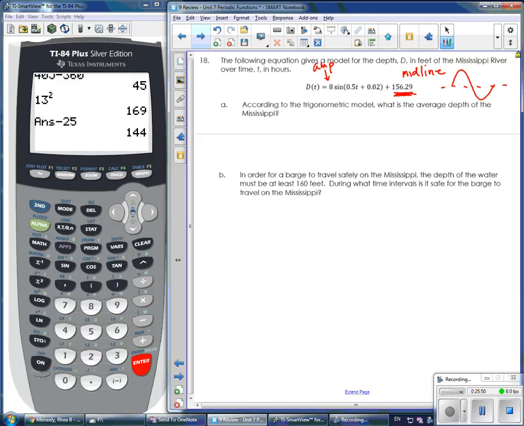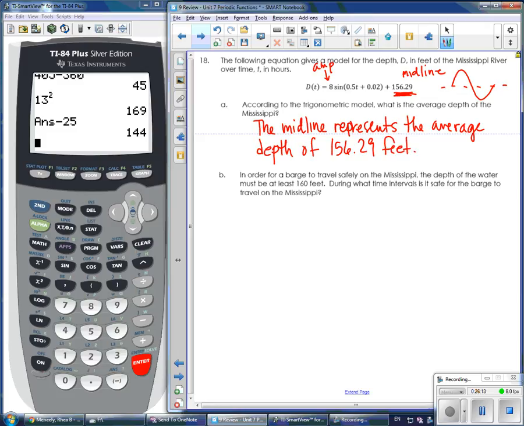So just remember that the midline represents the average depth. And that would be 156.29, and the depth is in feet. So make sure you use units.